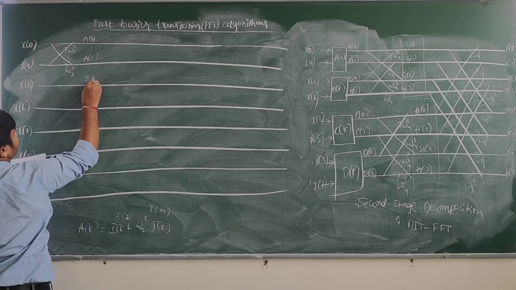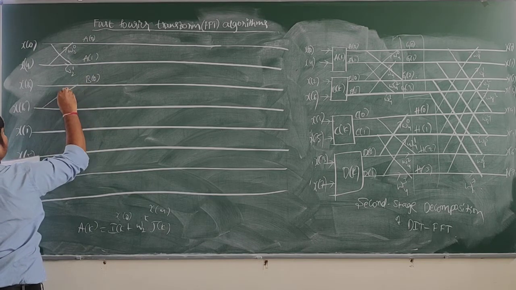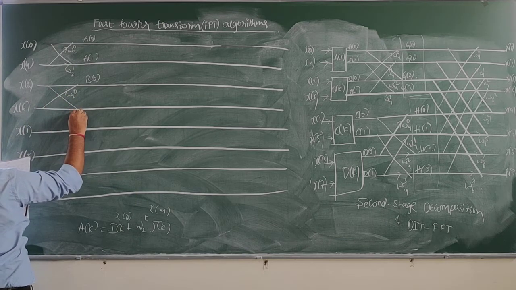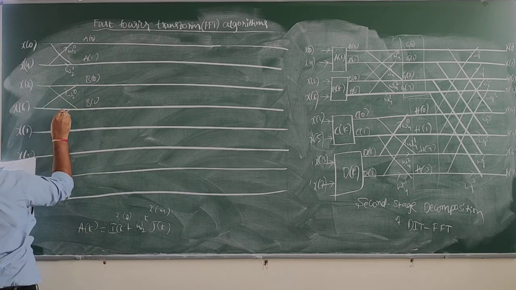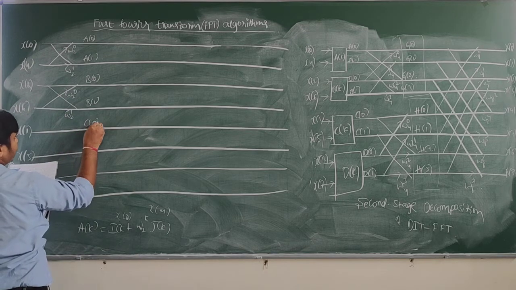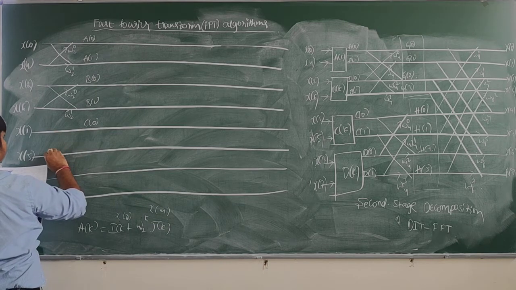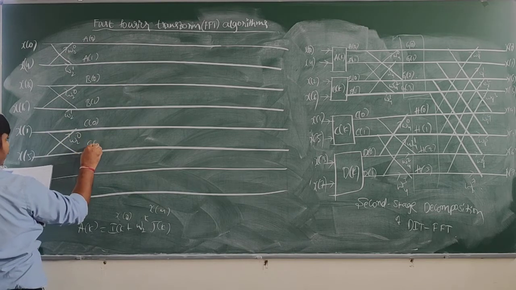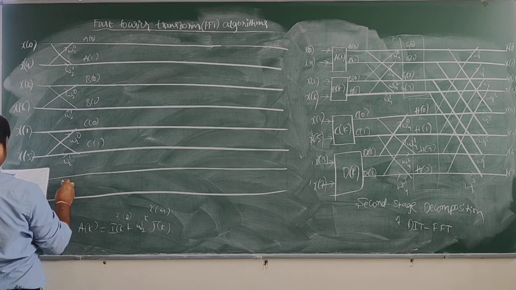So next b of 0 is equal to x of 2 plus w2 power 0 into x of 6. So next b of 1 is equal to x of 2 plus w2 power 1 into x of 6, and c of 0 is equal to x of 1 plus w2 power 0 into x of 5, and c of 1 is equal to x of 1 plus w2 power 1 into x of 5.